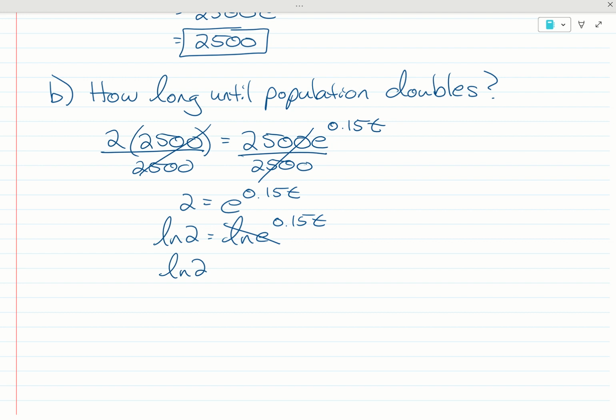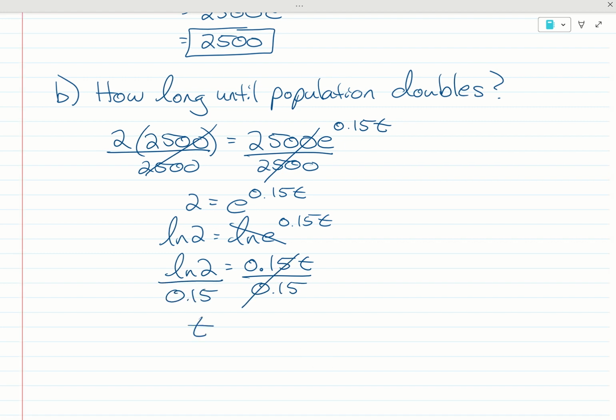And in our calculator, we're just going to have to do the natural log of 2 divided by 0.15. And let's see what that is. The natural log of 2 divided by 0.15 is 4.6210.